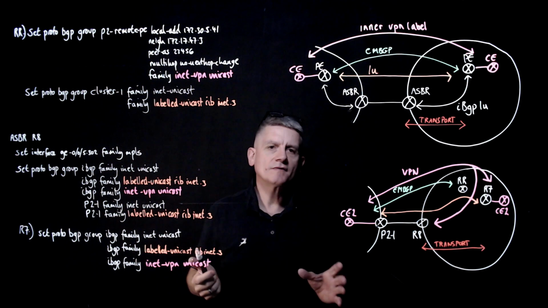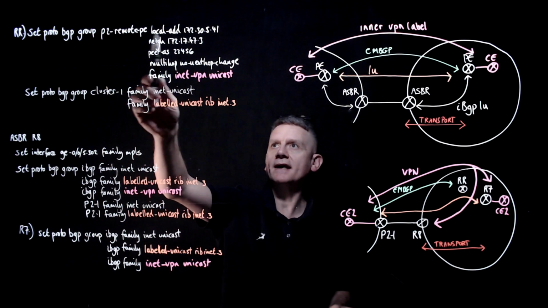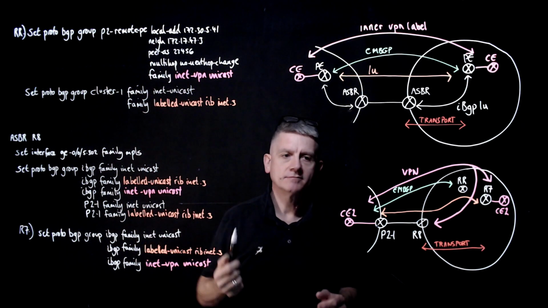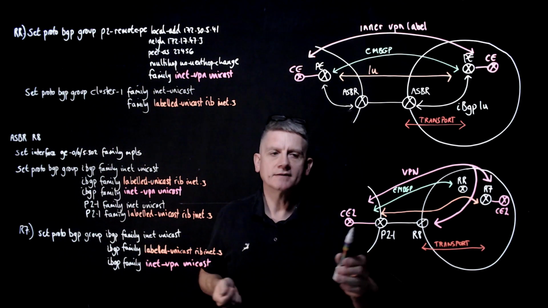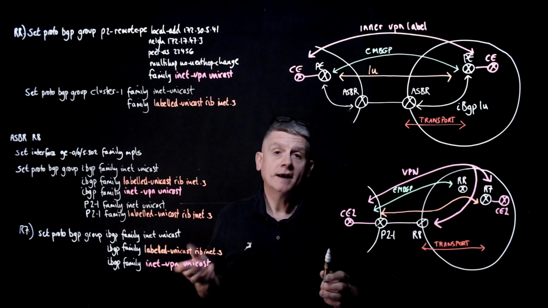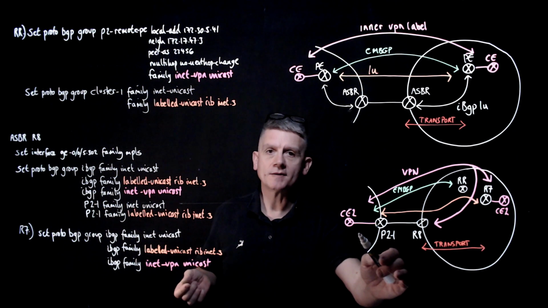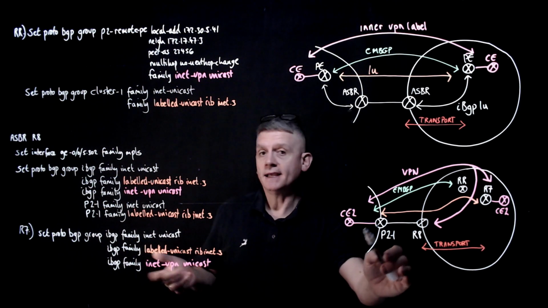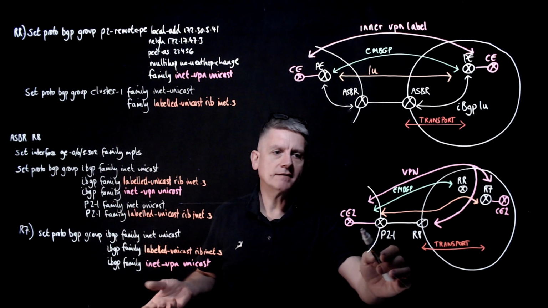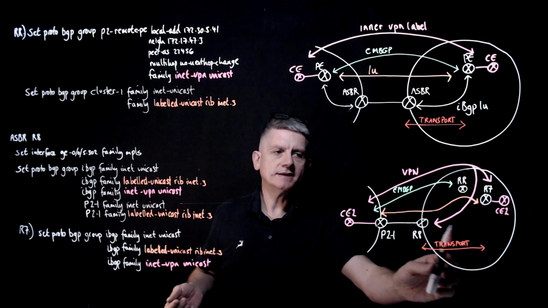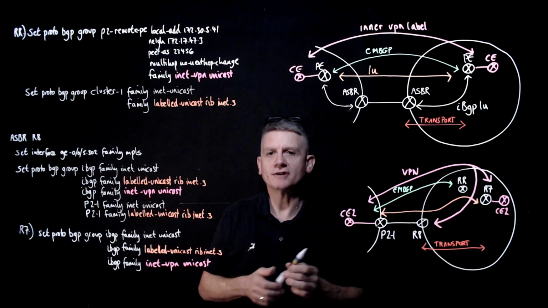Now, we haven't been told very much about P2 remote PE. All we really have is an IP address. And it's quite possible that that IP address is a loopback on P21. In fact, it's very likely. However, it could be another PE inside here. It could be a route reflector. In fact, it could really be anything, because all we know about it is this labeled unicast that's come across.